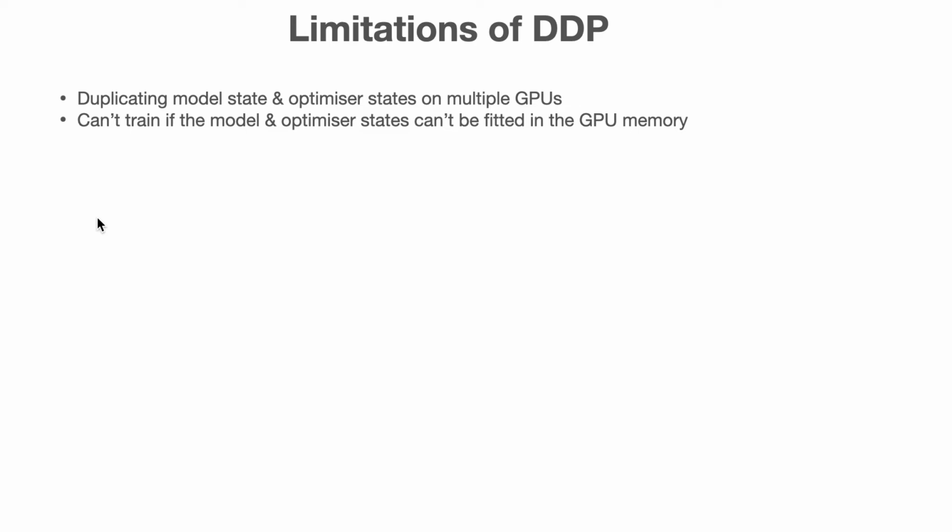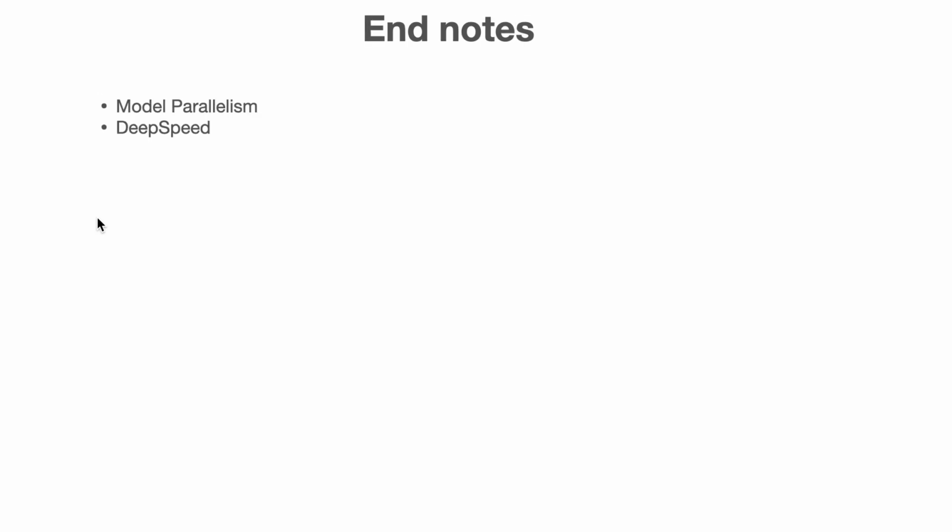Now let's think about the limitations of DDP. Note that in DDP, we are duplicating the model states and optimizer states on multiple GPUs, which is definitely introducing a lot of redundant memory, right? And we can't really train very large models if the models can't fit in GPU memory. So there come the advanced strategies called model parallelism and DeepSpeed. In model parallelism and DeepSpeed, we typically split the model weights onto different machines.